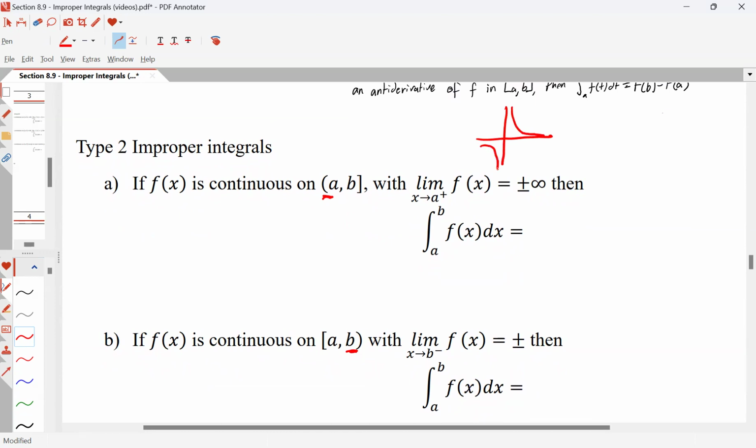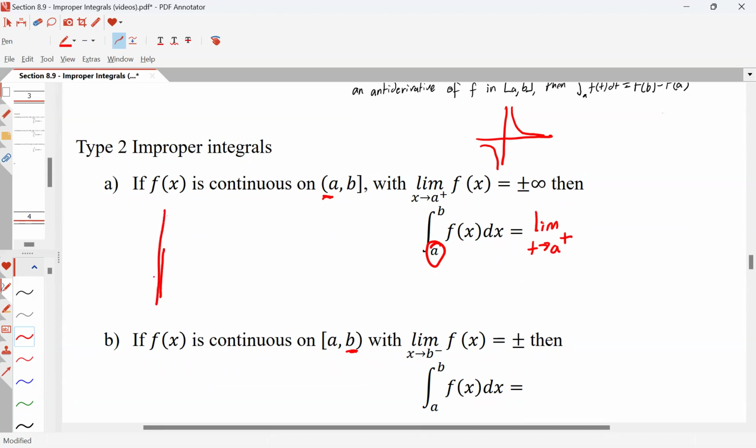Then we're going to turn that problem into a limit. So when our problem is with the lower bound, we're going to make it a limit approaching from the right-hand side.